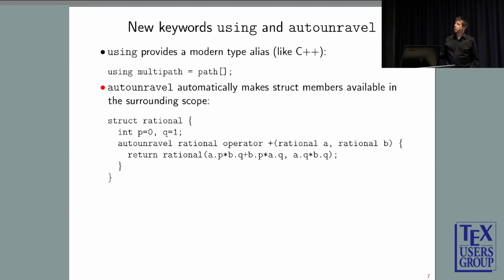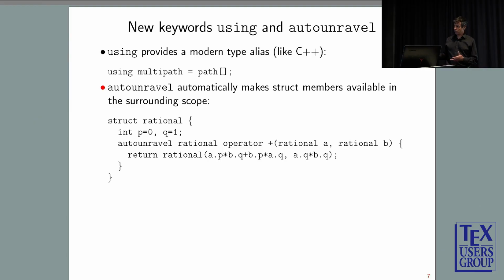And there's also a new auto-unravel feature, which is quite convenient. What that does is, if you have a structure with a member function, an operator plus, that operates on two of those structures, rational, for example. This is an example of a structure that implements rational numbers, and you want to add two rational numbers.